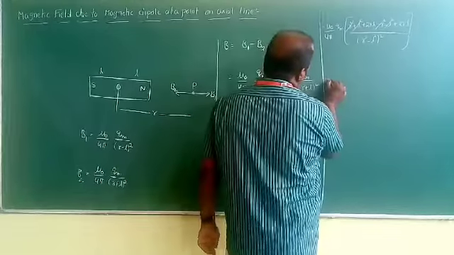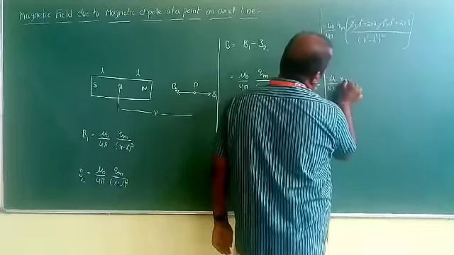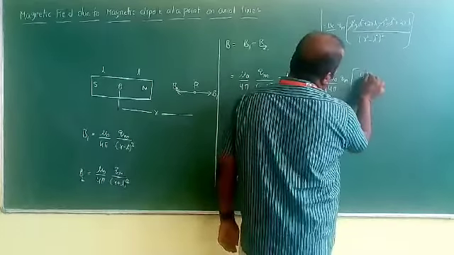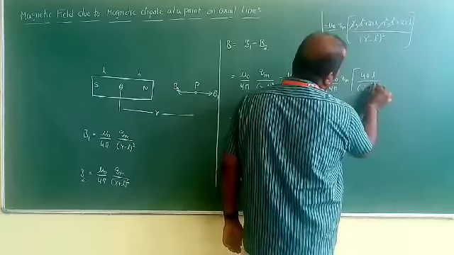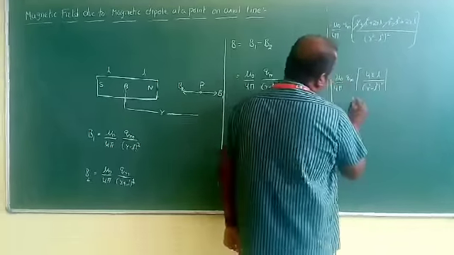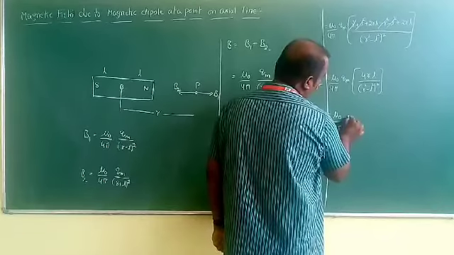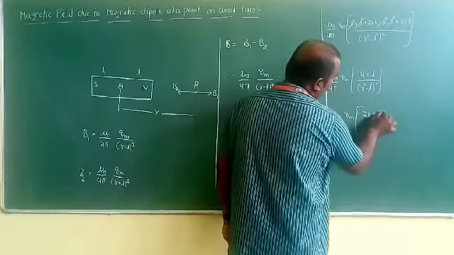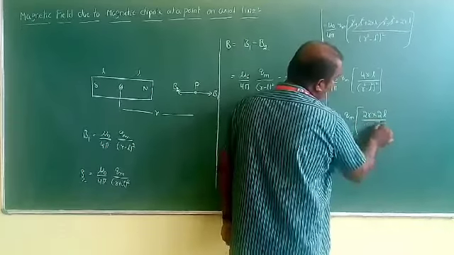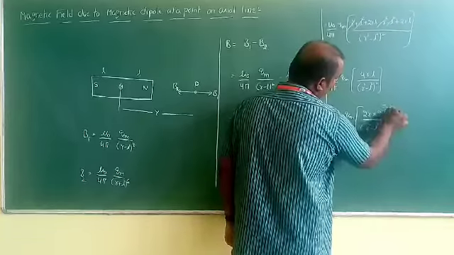Now mu naught by 4 pi into Qm into 4rL by r square minus L square whole square. I can write this as mu naught by 4 pi into Qm into 2r into 2L by r square minus L square whole square.